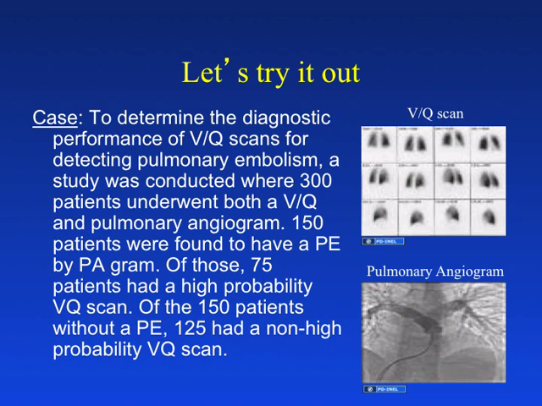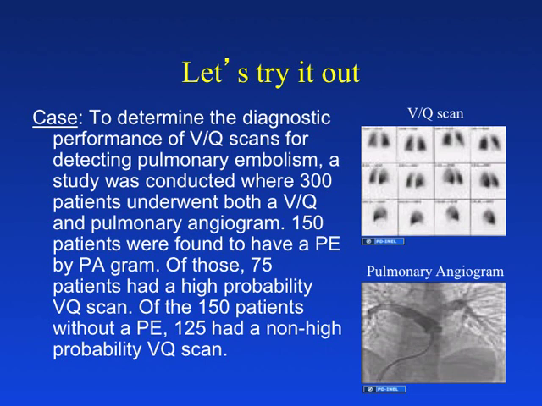Let's just say there are 2 test results in a VQ scan. Caveat, for those of you that know more about pulmonary embolism, you'll know that VQ scans don't have just high and non-high. They have high, intermediate, low probability, indeterminate. We're going to ignore all of that, and we're going to lump everything that's either a medium probability, low probability, normal, or indeterminate into one category called non-high.